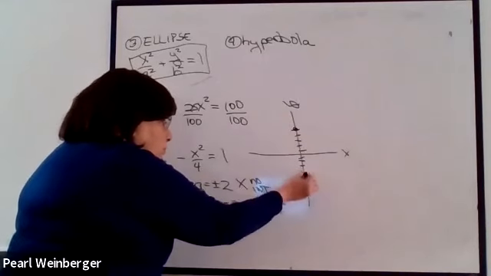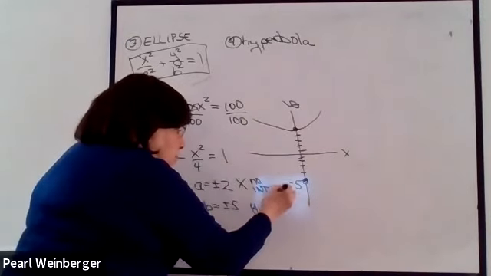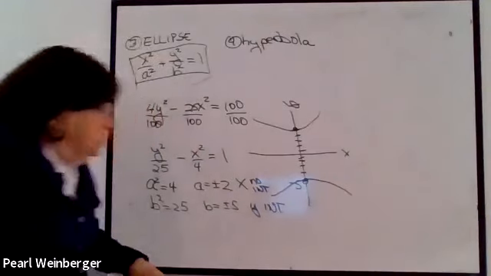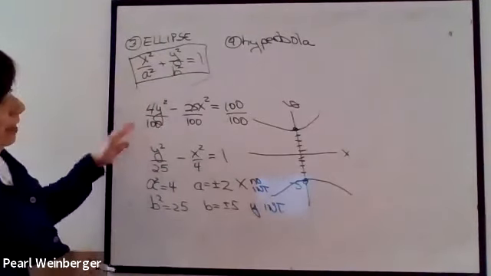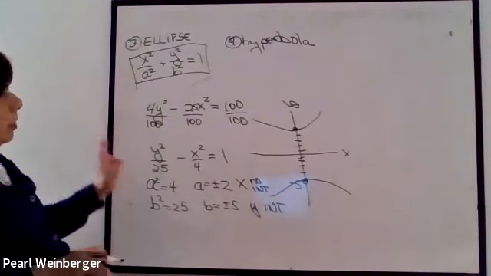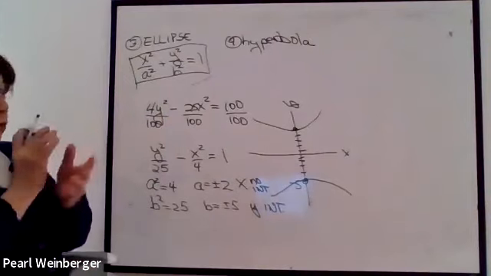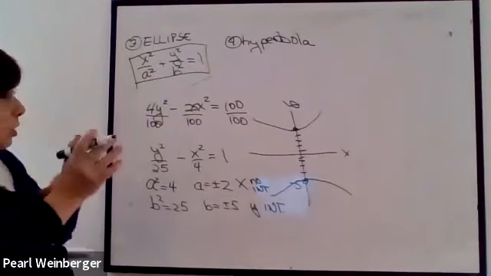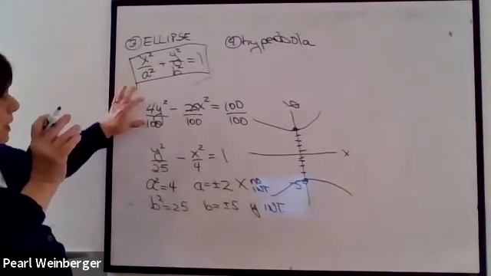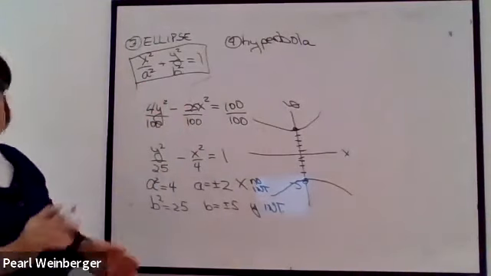And my graph is going to look approximately like this, where it would be crossing the y-axis and it's not crossing the x-axis. There are only going to be 2 intercepts on a hyperbola, either 2 x-intercepts or 2 y-intercepts, depending on which is the positive. The one that has a negative in front of it will not give us intercepts.